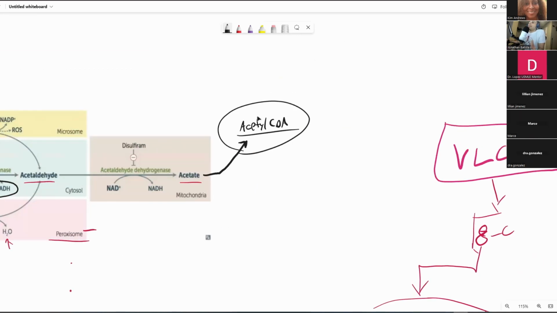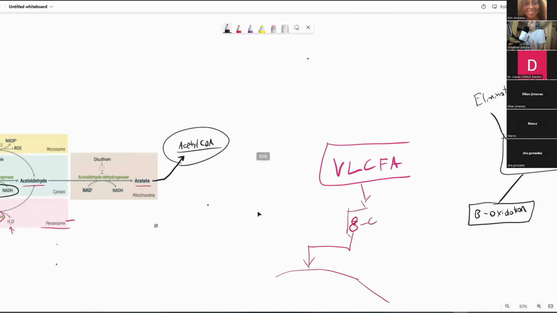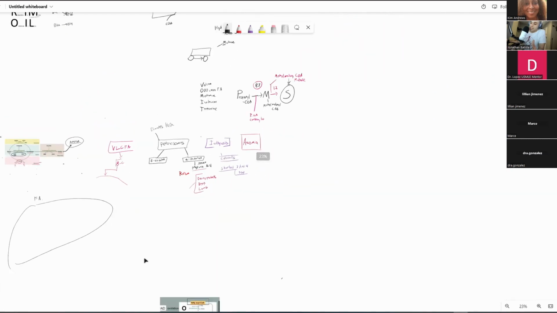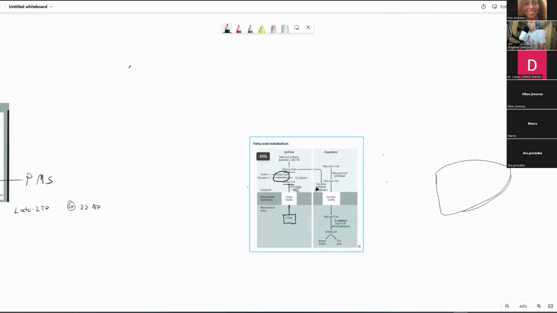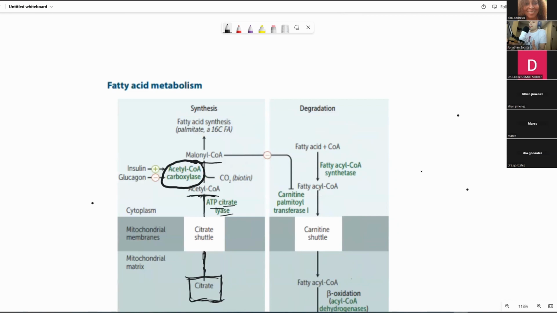Now, if you have a high level of acetyl-CoA, guess what happens? Exactly what we were mentioning before. We mentioned the whole synthesis. Where is it at? We were mentioning the synthesis right here. And this whole synthesis is based on high levels of acetyl-CoA. So we are provoking the synthesis of fatty acid by creating a lot of acetyl-CoA. Notice that.